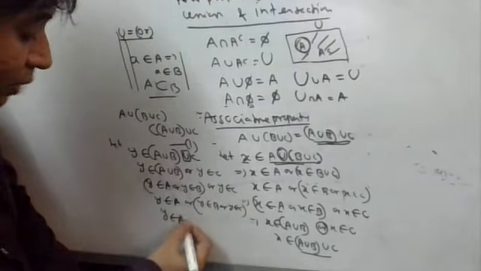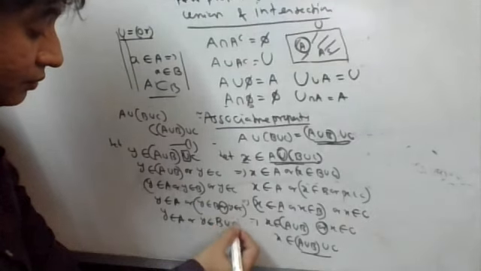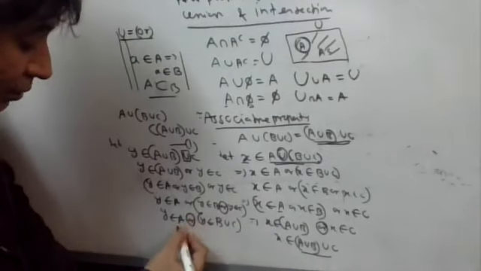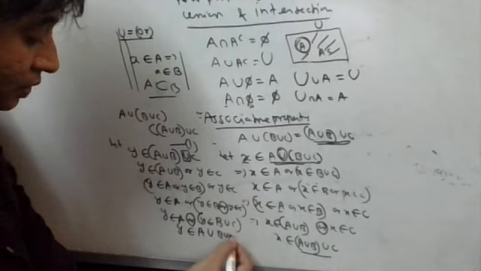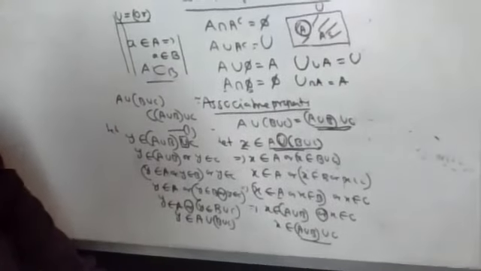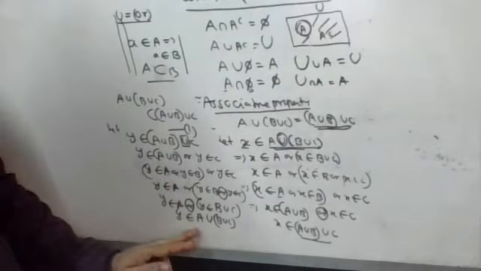Now Y belongs to A or Y belongs to B, or means union. So again, instead of this or, I will write union. So what conclusion can I draw? That this part is also the subset of this.